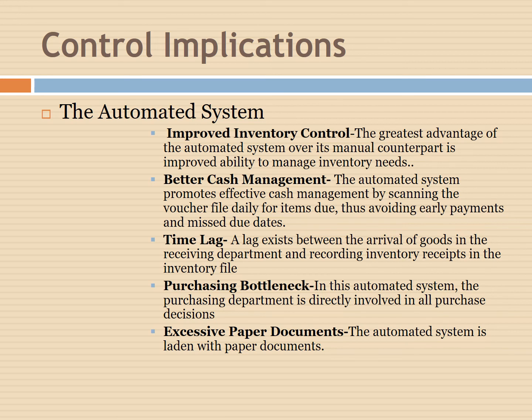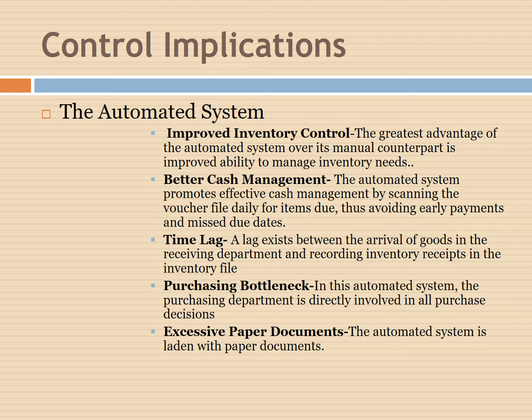So control implications. The differences between automated and re-engineered systems. So the automated system has the following control implications. The first one is the improved inventory control.